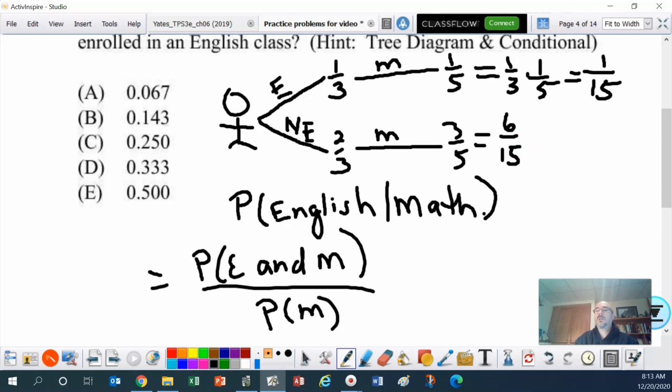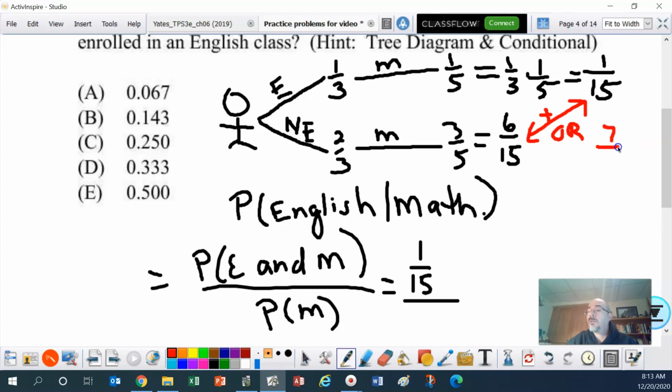Okay, well, let's see here. So English and math is 1/15, divided by the probability of math. Well, folks, the probability that he's going to take a math class is these two added together, because he's going to take math here, or, notice I use the word or, he's going to take math that way.